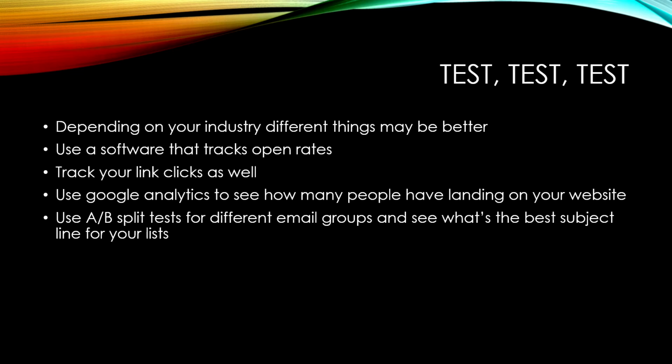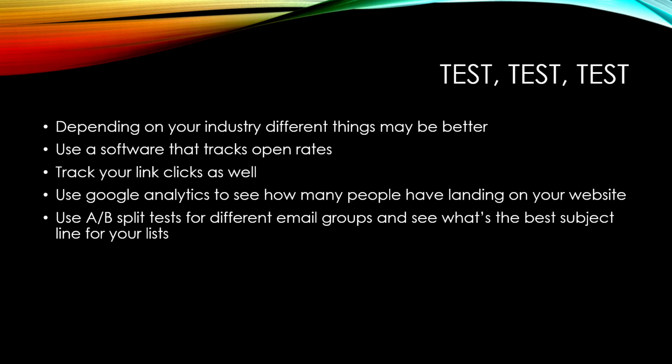Do A/B split tests, because that's going to determine what type of subject line does better. So if you send one subject line with, hey Nick, I have a quick question, and then another subject line, hey Nick, I can help your auto repair shop grow. See which one has better open rates, and then optimize and use that more for new campaigns, to see if the results are pretty much the same on all the new campaigns that you're running.